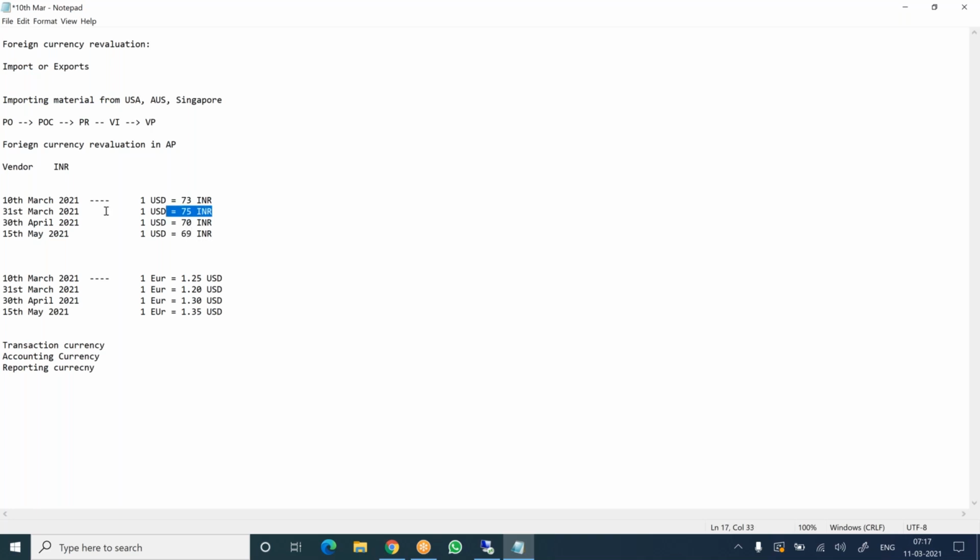Here some profit or loss will be there. If I take INR, it will be easy for you.